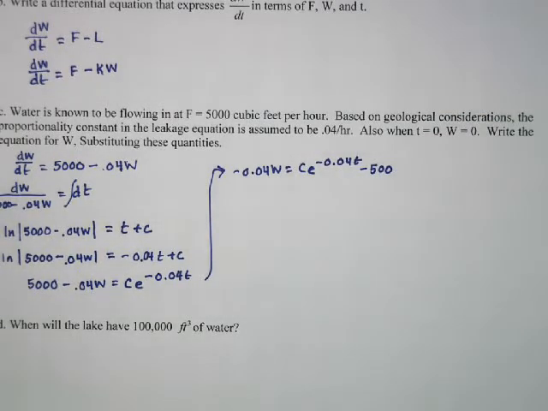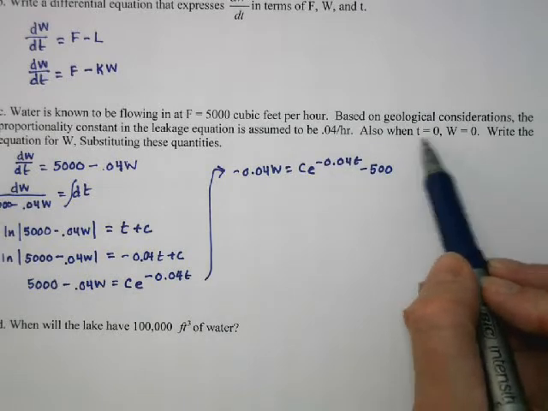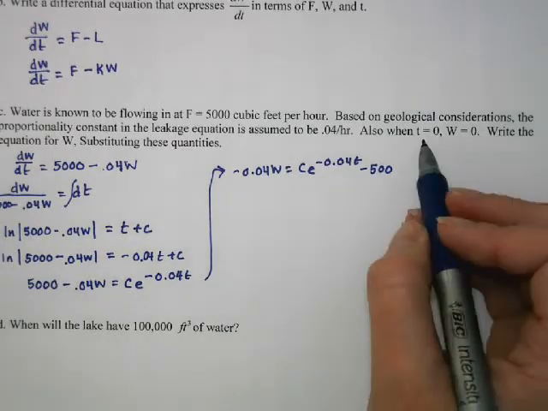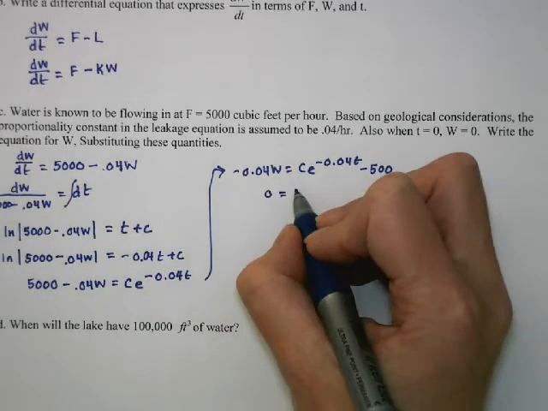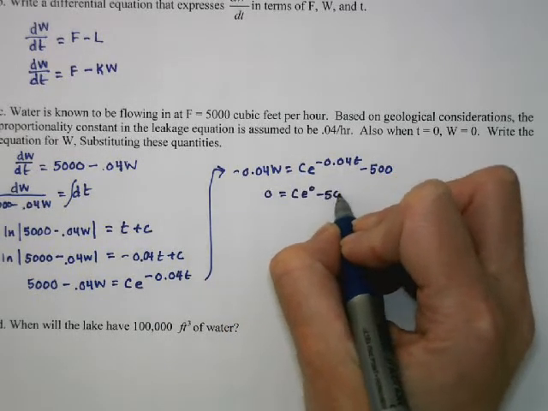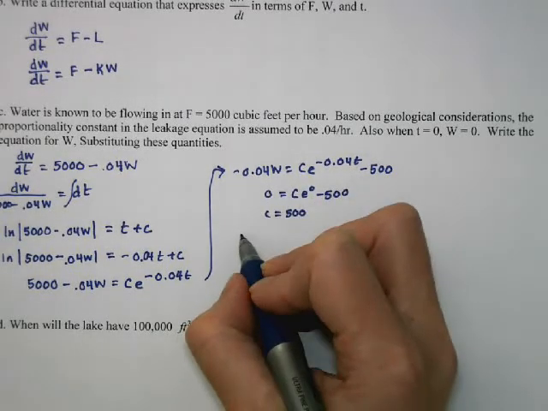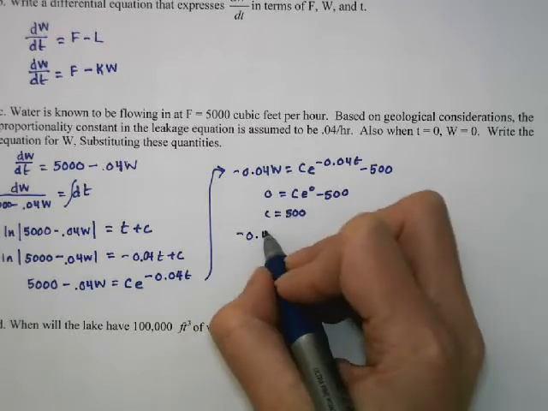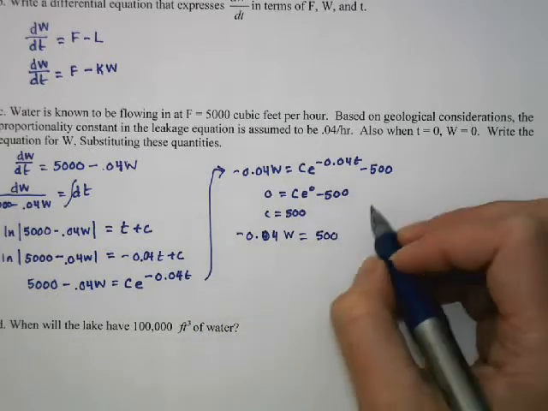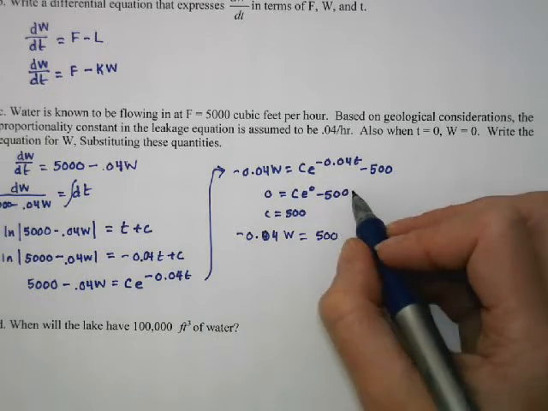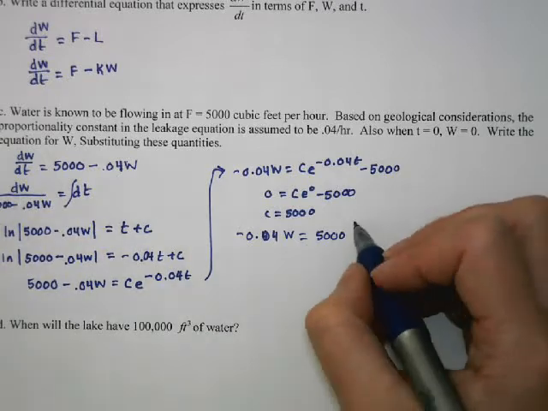Before I do the next step, I'm going to go ahead and solve for my C. So we know W is 0 when t is 0. So when this is 0, Ce to the 0 minus 5,000. So that means our C is going to be 5,000. e to the negative 0.04t.